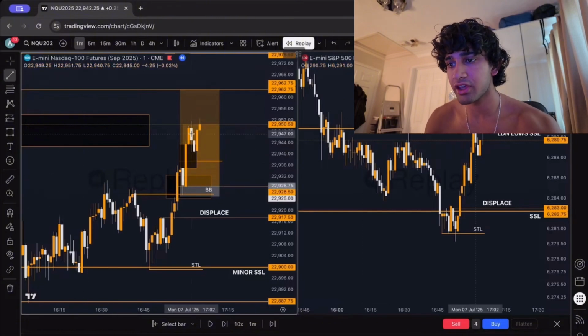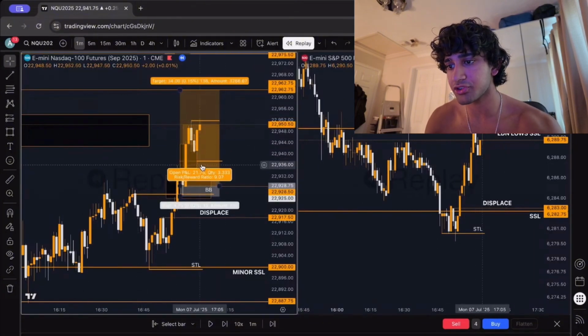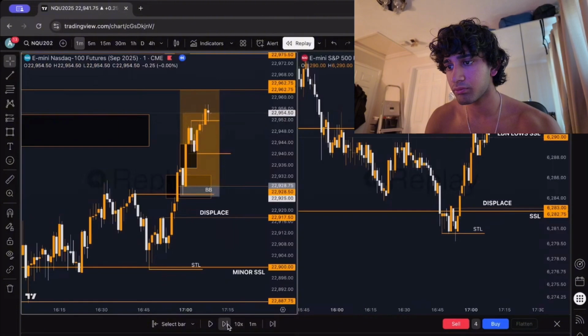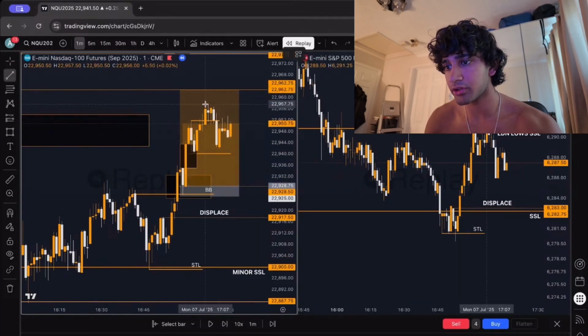Now price has just taken out this short-term high. So therefore, I trailed my stop to this short-term low. Now once price takes this short-term high, I'll then be trailing my stop to this short-term low.